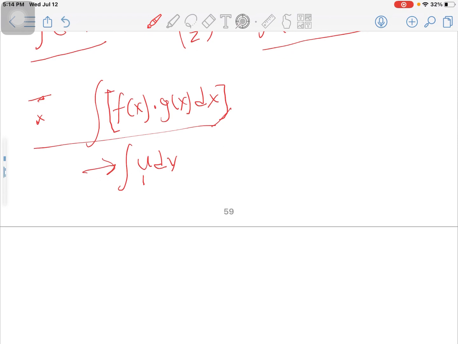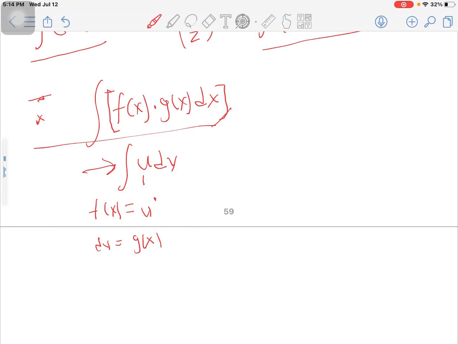So by choosing a function to be your u, assuming you choose your f of x to be your u, and let's say dv to be your g of x, it means that your f of x can be differentiated.